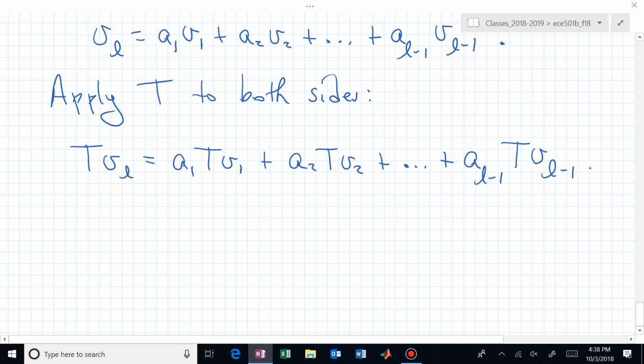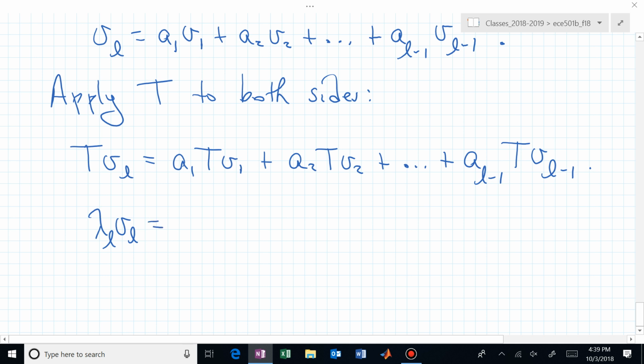But we defined those v's to be eigenvectors. So now that operator on a vector can be what? In the same direction as that vector, just off by a scalar, which is the lambda. So T v1 can be rewritten as a scalar lambda 1 times v1. The same with all the other Tv's. So now I can write this: T v sub L is now lambda L v sub L. That's the left-hand side.